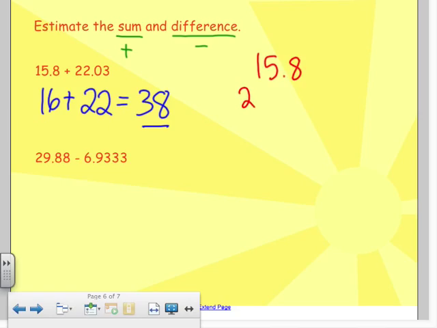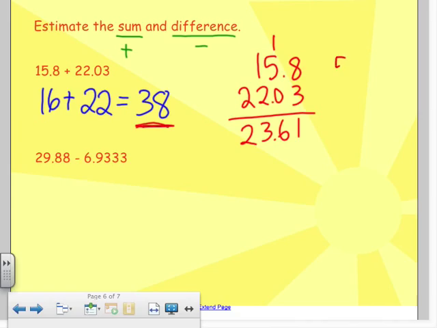If I don't line up my decimals, and I start doing the problem like this, and I'm not sure where to put the decimal, but no matter where I put this decimal, my answer is nowhere near 38. Okay, it should be very close to 38, and it's not.